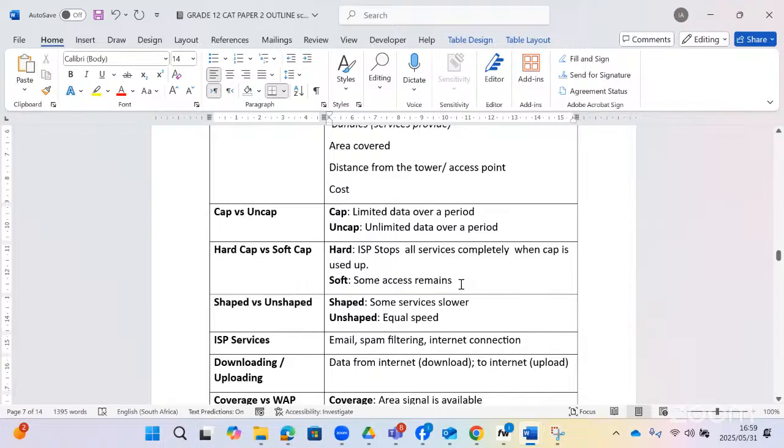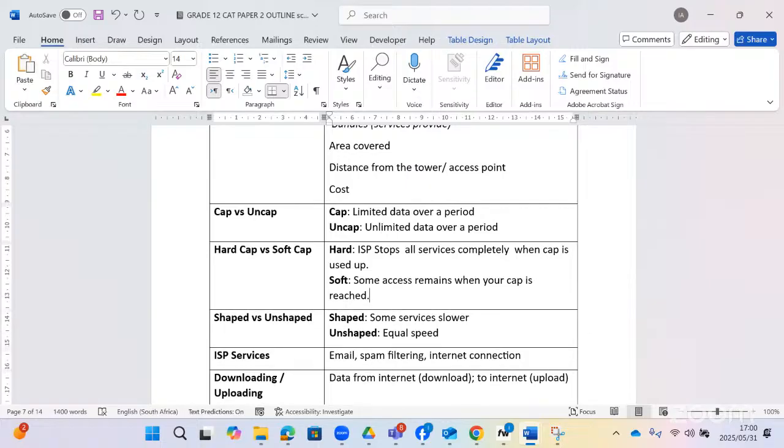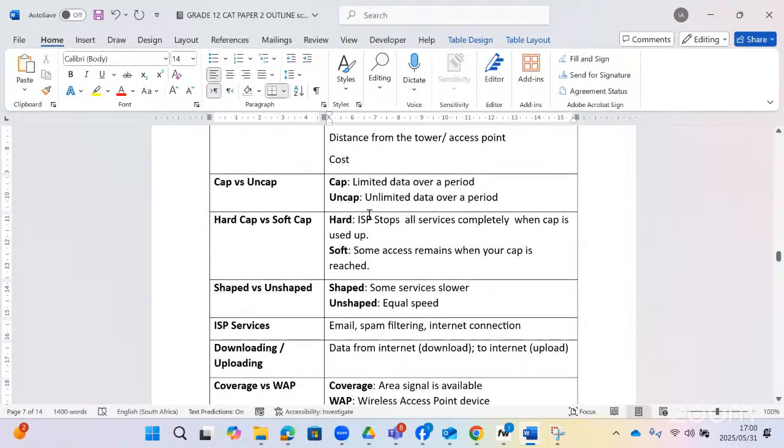And here, some services remain when your cap is reached. So when you finish your cap, you can still use certain services like Facebook free and others. And that's the soft cap. You must know comparing these two.